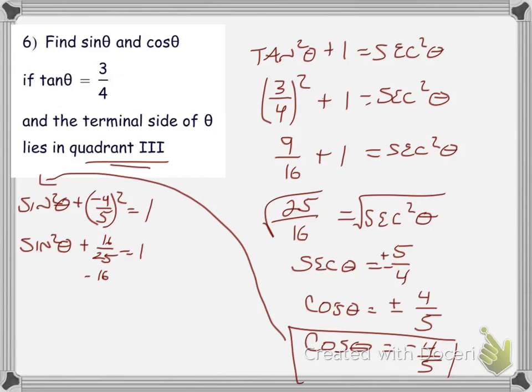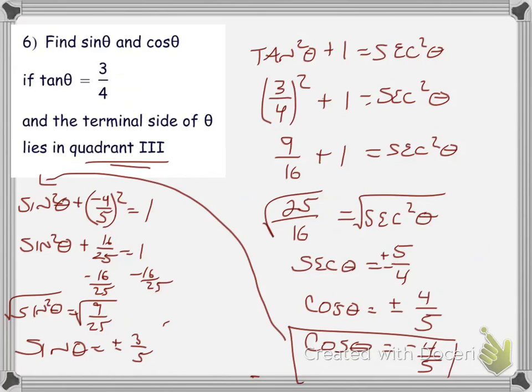When I subtract 16 over 25, I get sine squared is equal to 9 over 25, take the square roots, and sine of theta is equal to plus or minus 3 over 5. And in quadrant 3, sine is negative, so that means sine of theta is equal to negative 3 over 5.